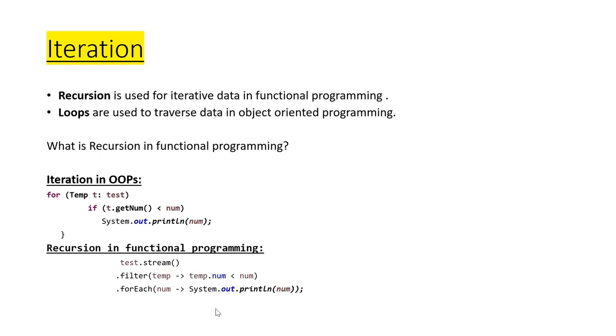Okay, so iteration is faster and more space efficient than recursion. Why do we use recursion in functional programming? Because it is easier to code a recursive approach for a given problem.